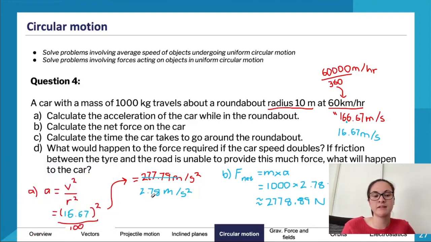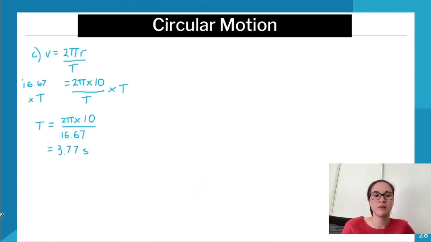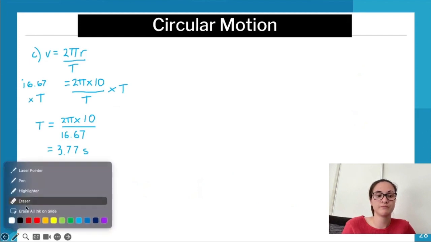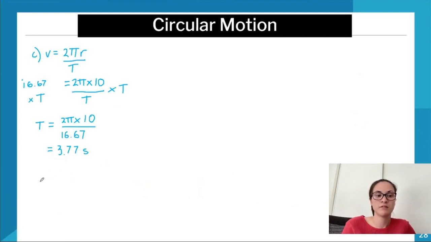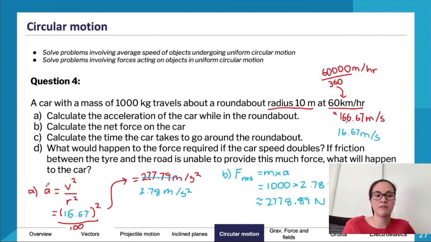We're going to calculate acceleration again, and then force again, with that new speed, that doubled speed. And we're going to do it in green. So D, and that formula was a equals v squared over r squared.